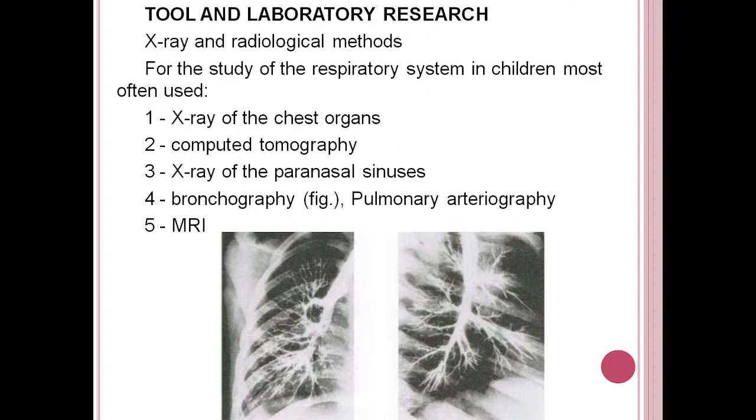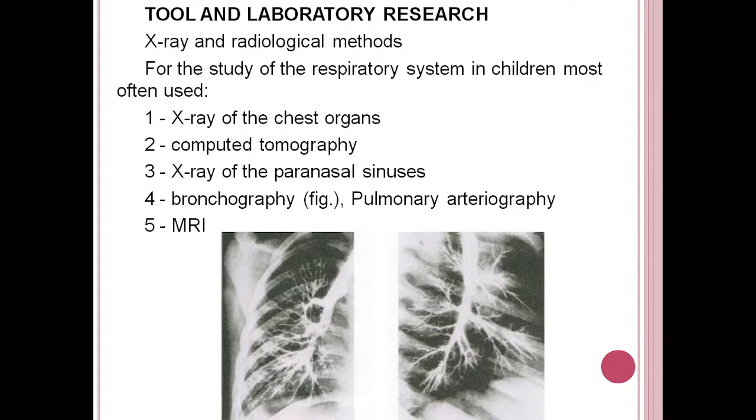The next part of our lecture is instrumental and laboratory research. The first one is X-ray and radiological methods. We can use X-ray of the chest organs, computed tomography (CT), X-ray of the paranasal sinuses, bronchography.